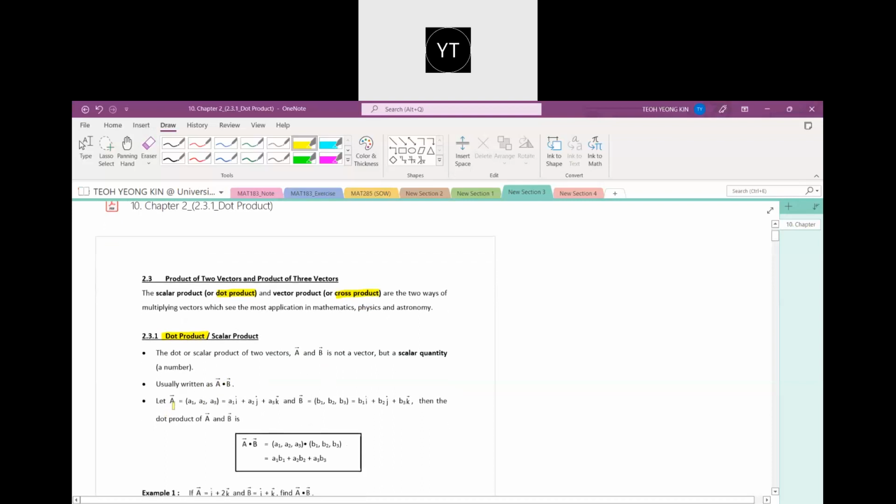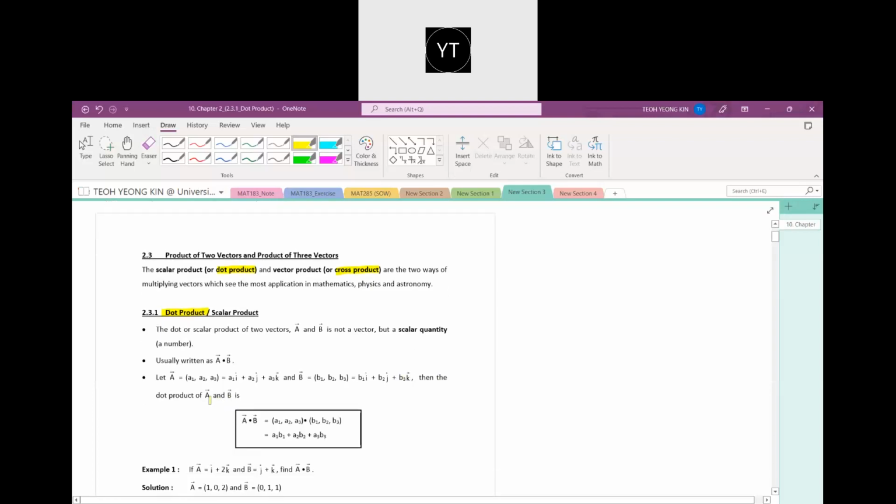If vector A is (A1, A2, A3), or we can write it as A1 i plus A2 j plus A3 k, and vector B is (B1, B2, B3) in coordinate form, or you can write it as B1 i plus B2 j plus B3 k, then the dot product of vector A and vector B is A1 times B1 plus A2 times B2, and finally plus A3 times B3.